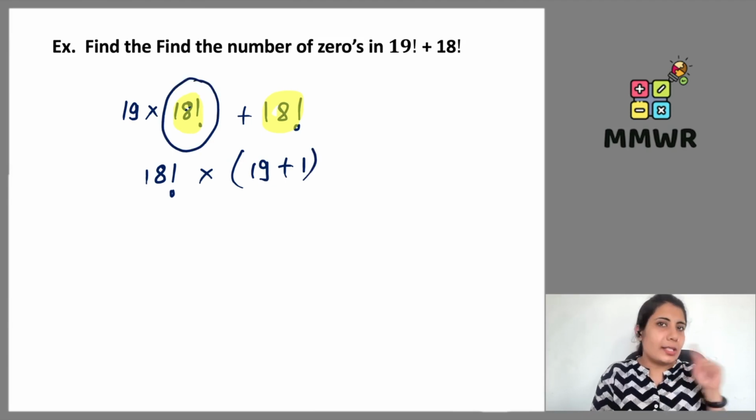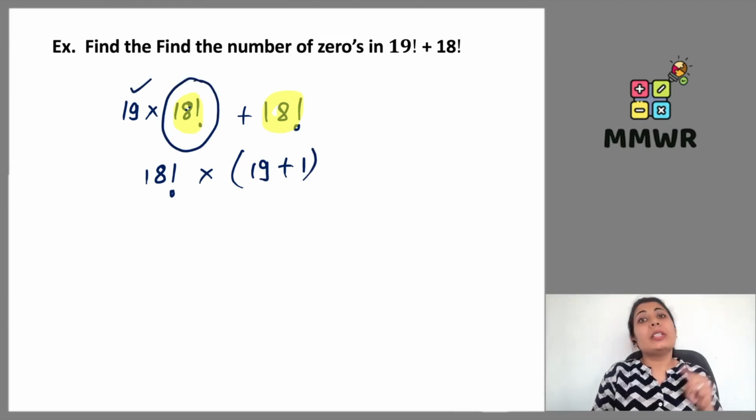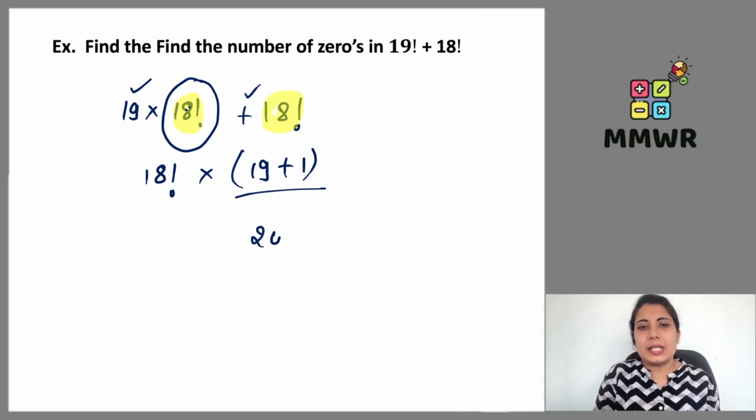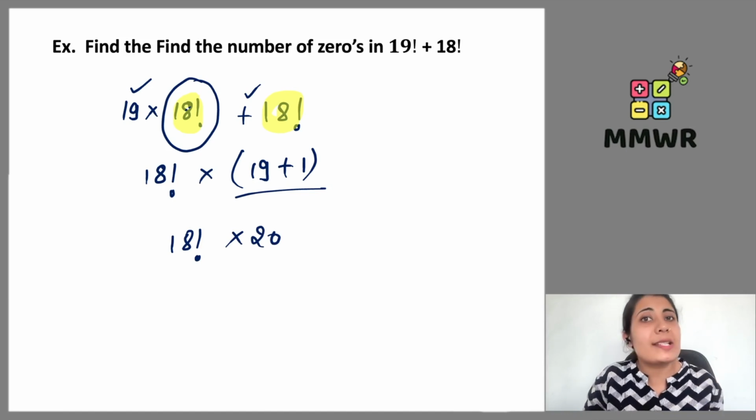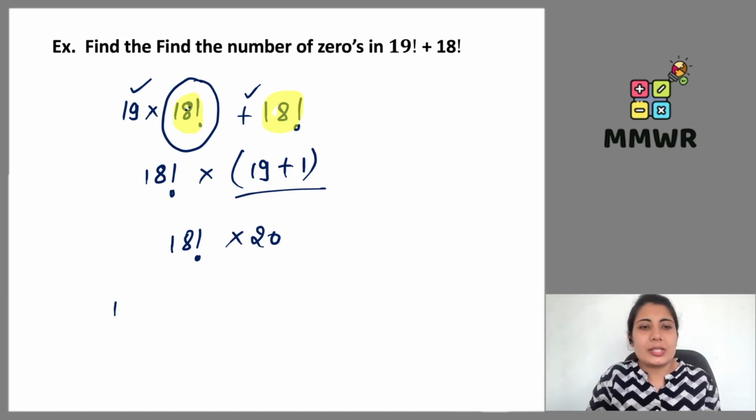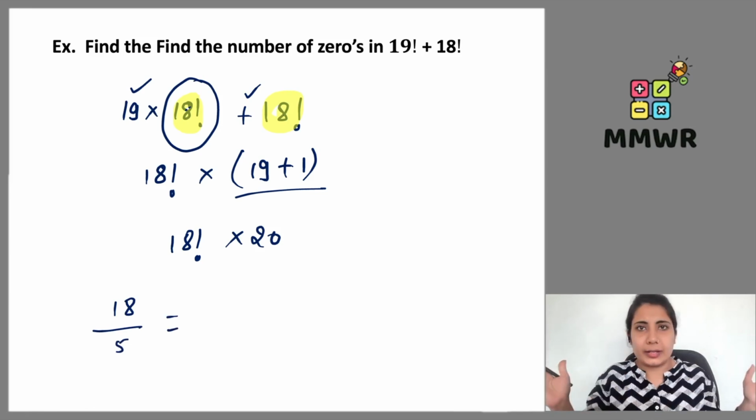18 factorial I sent outside. In the bracket I am left with 19 plus 1. So 19 plus 1 is 20 multiplied with 18 factorial. Now how many zeros are there in 18 factorial? Just now we have seen 18 को अगर मैं 5 से divide कर दूं because many 2's are there, तो 2 को check करना is pointless, right?